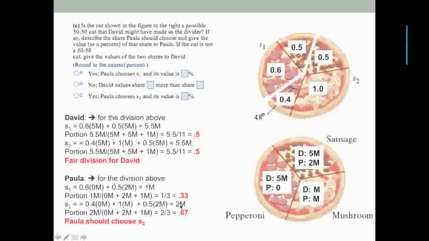That gives us a total of 2m divided by her total valuation of 3, which gives us 67%. So, yes, it's a fair division for David, but again, Paula will choose S2 with a valuation of 67% because it represents the better value for her.